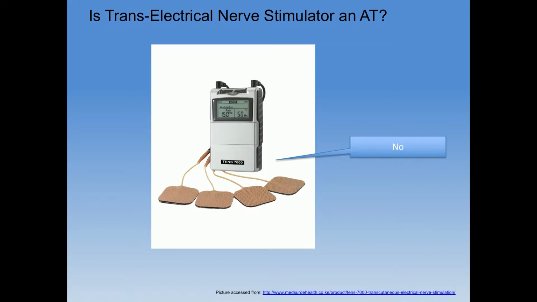It's actually a rehabilitation or therapeutic technology because here we are talking about pain, not function. So it doesn't meet our fourth criterion or the third criterion as to increase or maintain function. Since this is meant to relieve pain, improve mobility, it may have some implications on function, but it's not directly used in the context of function.